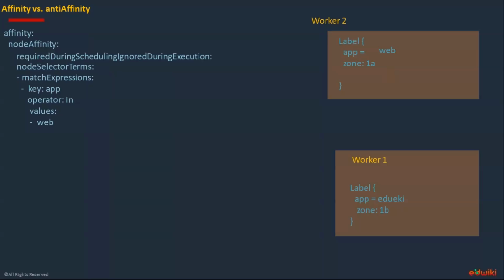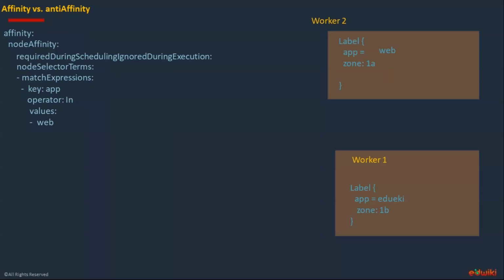Here you see that under the node affinity I'm using the concept called required during scheduling, ignored during execution. Under that I'm using the node selector again because, as I said, the node affinity is exactly like a node selector only, but with a small change.